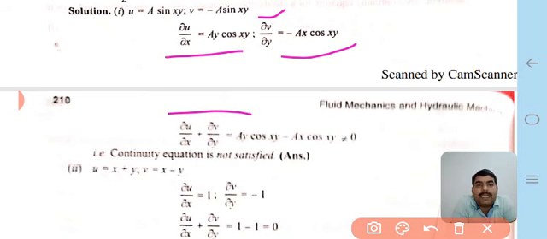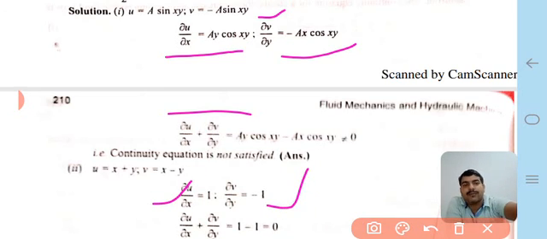Therefore, del u upon del x is equal to 1, and del v upon del y is equal to minus 1. Now applying the continuity equation in two-dimensional flow, del u upon del x plus del v upon del y is equal to 0, and putting in these values, we have 1 minus 1 is equal to 0. Therefore, we can say that this satisfies the continuity equation, so this flow is continuous.